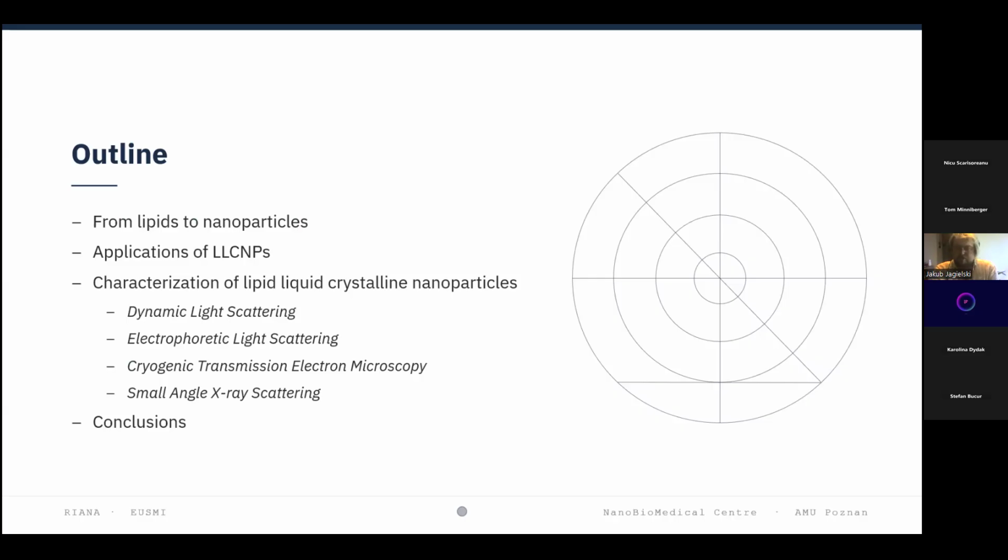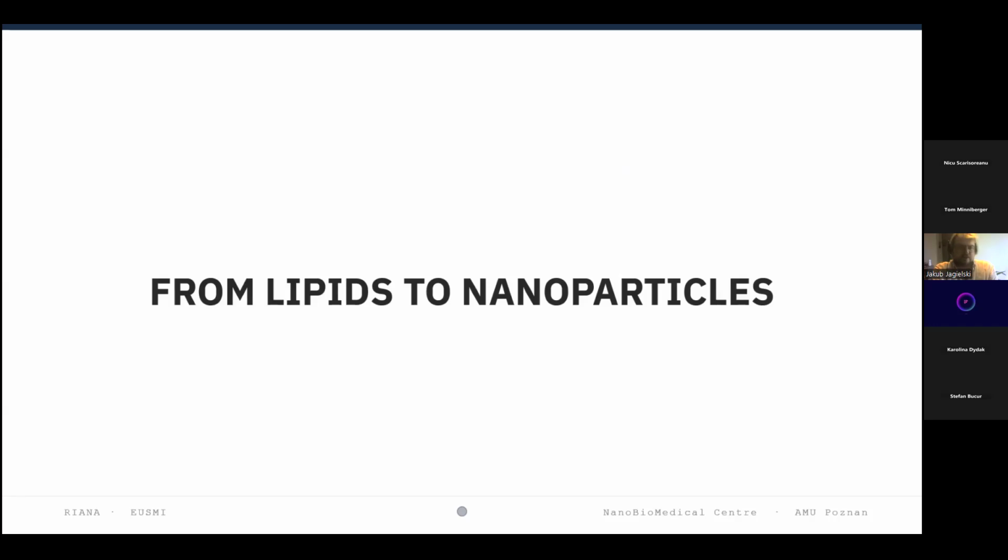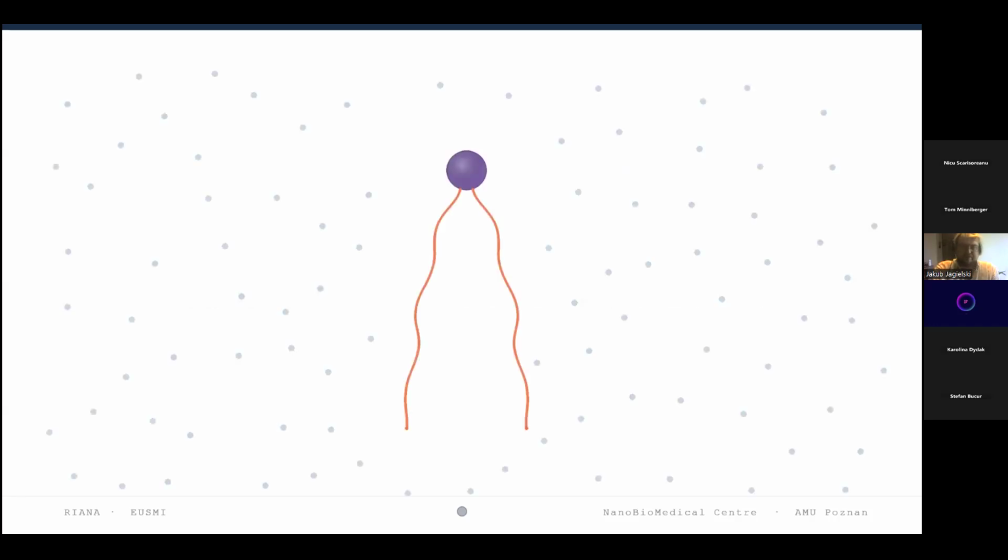I will show you results from our own work along the way, and we'll wrap up with conclusions about why a multi-technique approach is essential. So let's start with the fundamentals.